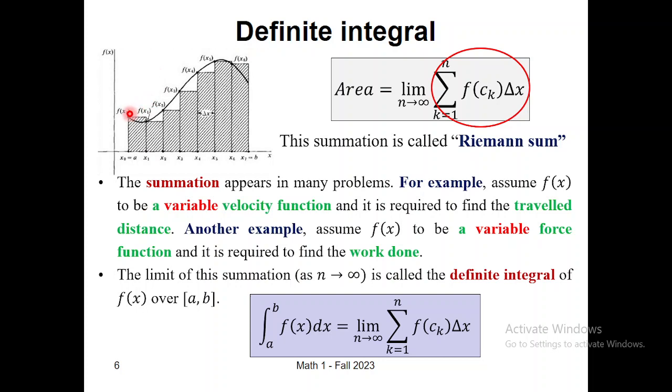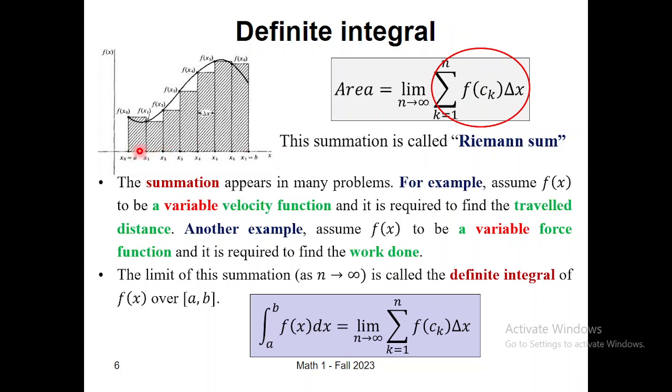If this velocity function is a constant function, you are moving with a constant velocity, then simply speaking the travel distance is the value of this velocity constant multiplied by the time interval, the time period. But now what about the variable velocity function? In this case you have to divide the total time interval into sub-time intervals.